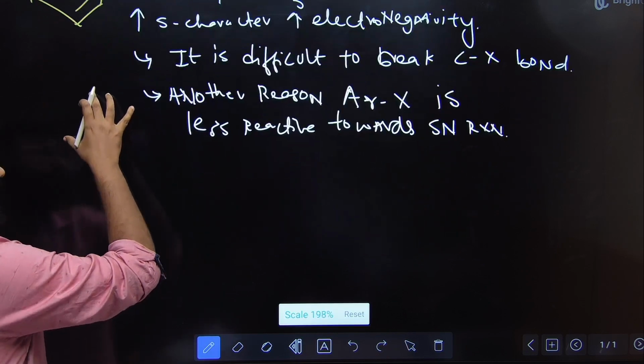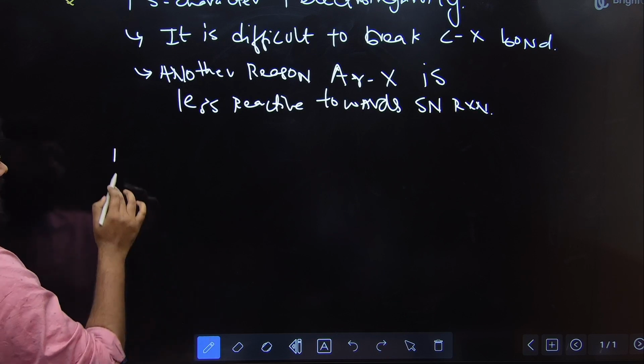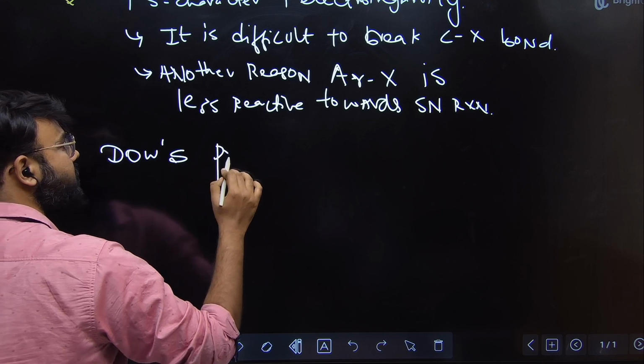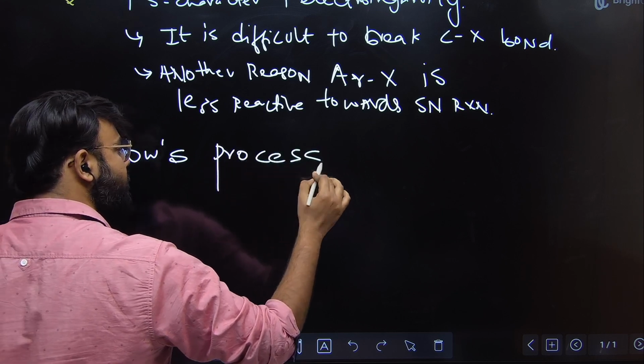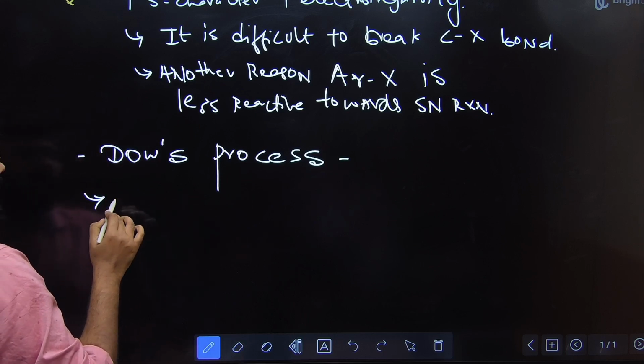Okay, now write it down. A method called the Dow process. Write it down.